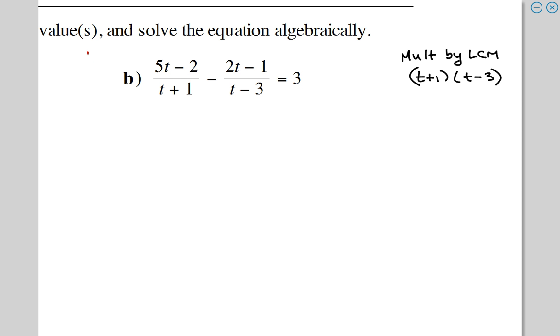So t plus 1, t minus 3, and remember that that's getting multiplied on this whole thing. So we distribute there, and we will distribute there. And on the other side, you're just multiplying by a single number, so that's simple over there.